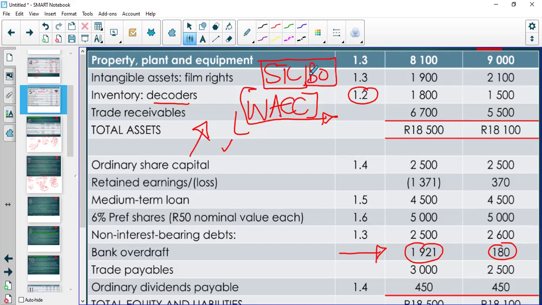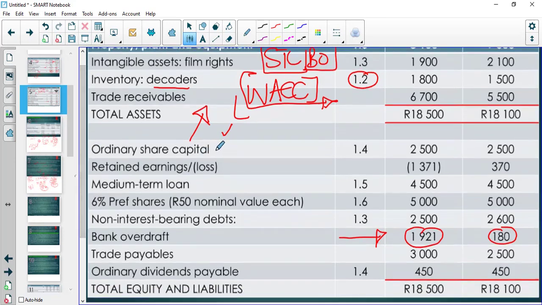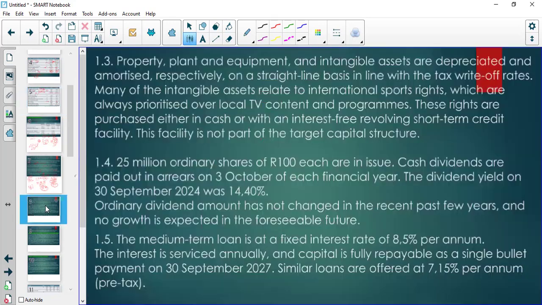unless you are told specifically that they're part of the long-term capital structure. Right, so we start with ordinary share capital. We will need the cost of capital and the market value. So it's 2.5, and we come to 1.4. 25 million ordinary shares have been issued.